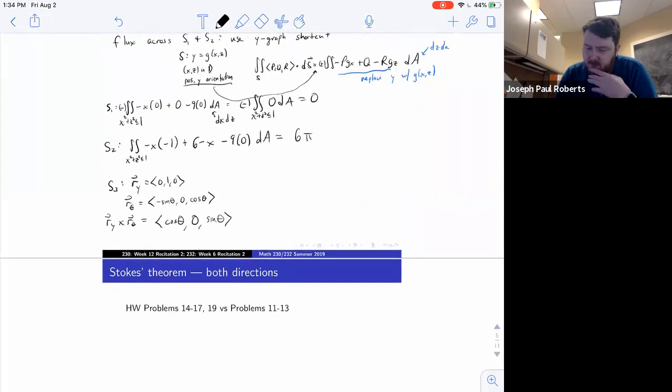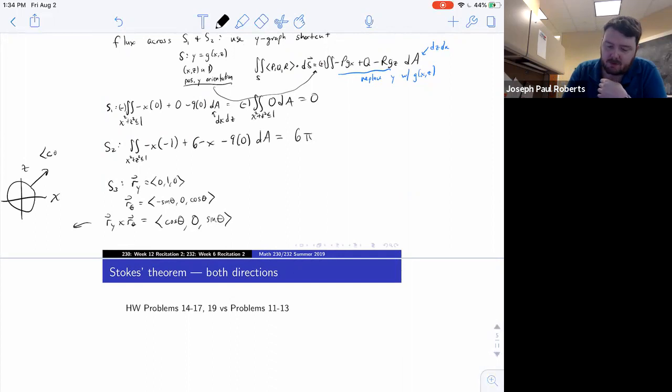So does this vector, cosine theta, 0, sine theta, point towards the y-axis or away from it? It does in fact point away from it. For example, think about the vector cosine theta, sine theta in the xz plane.